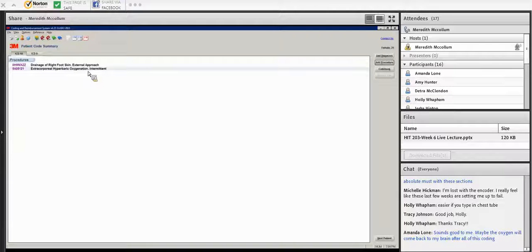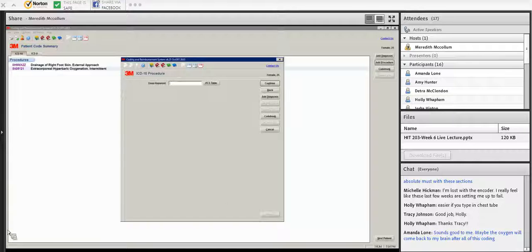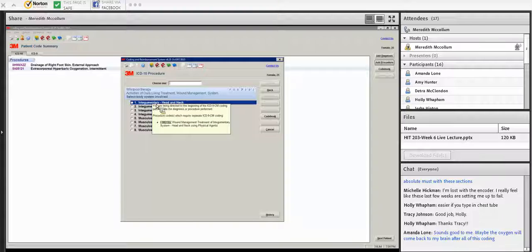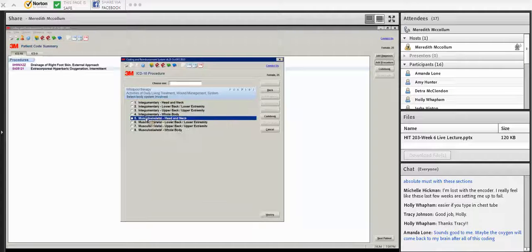And then they did, what was the last thing? Whirlpool treatments, I believe. Yeah. So whirlpool therapy, integumentary of the lower back and lower extremity.